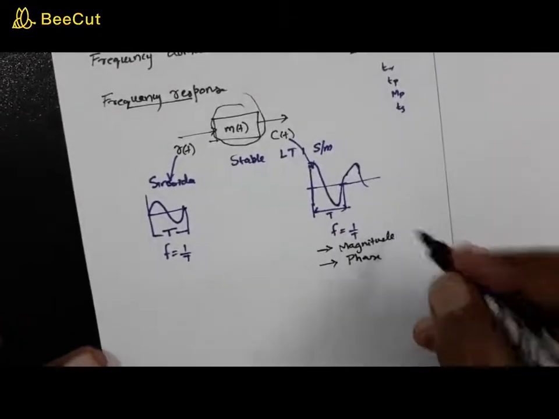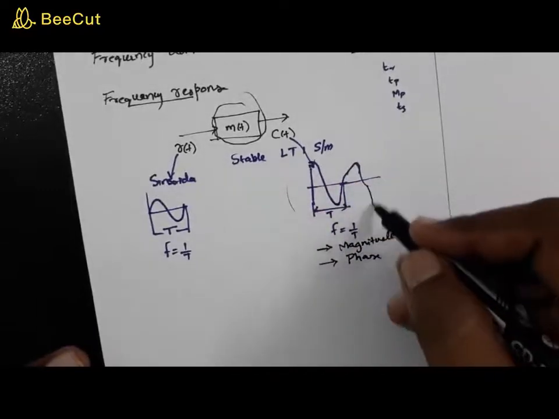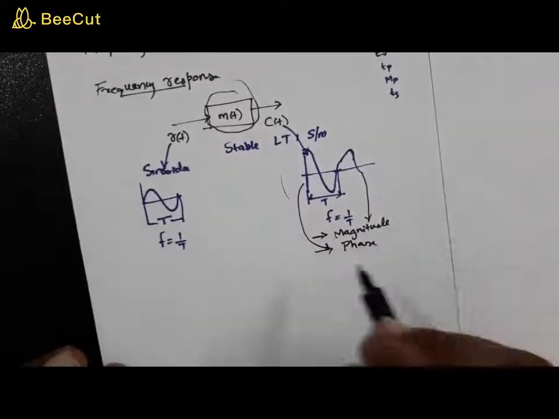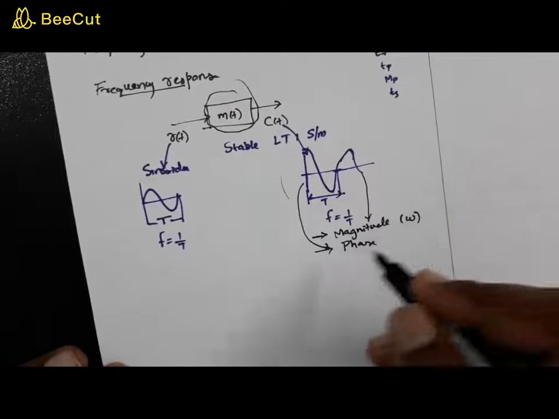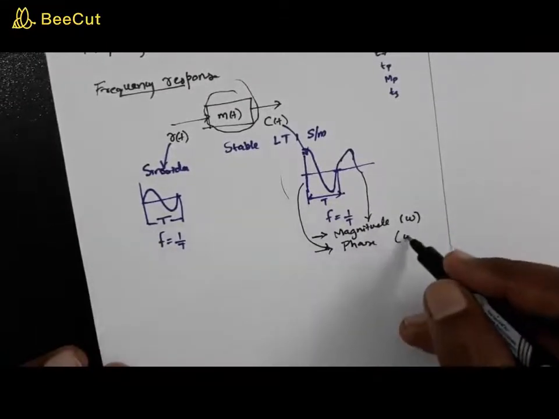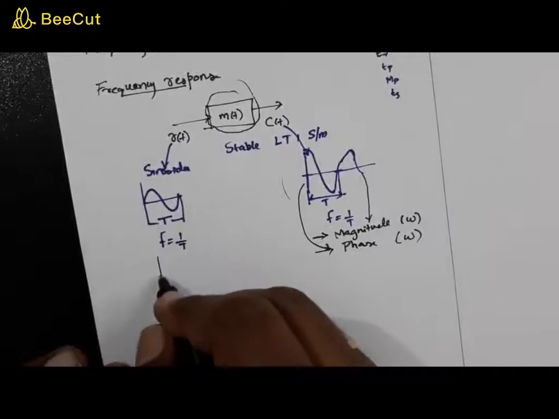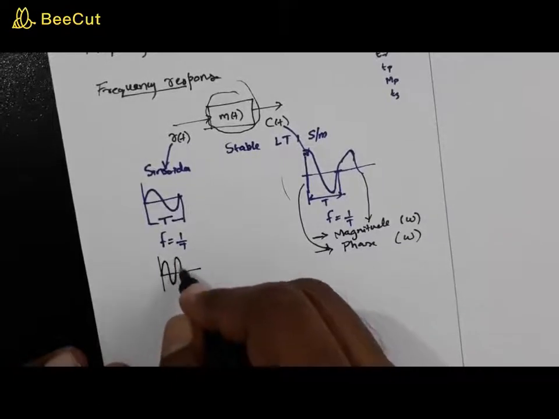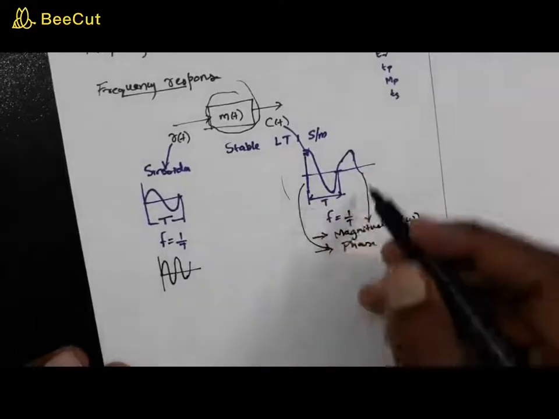From this response you can find out the magnitude as well as the phase, and as we go further we will understand that the magnitude depends on the frequency omega, and the phase also depends on the frequency. That means if you give the same signal with the same amplitude but a different frequency, you won't be getting this.